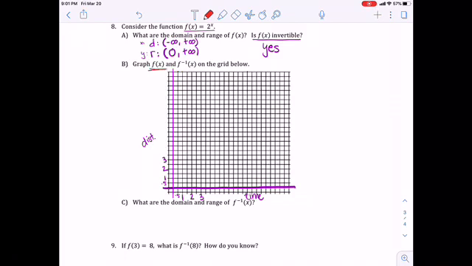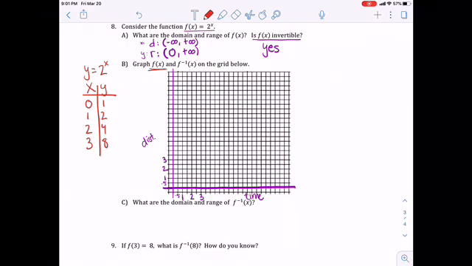Now, before, we had this table that we had created. I'm going to do that in a different color. Okay, so our original function, remember we were graphing y equals 2 to the x. And to do that, we had created this table that looked like this. I just copied that from up above.